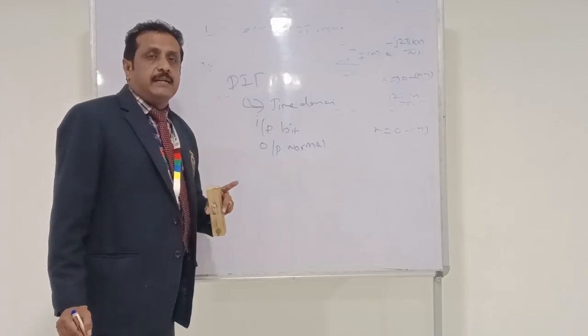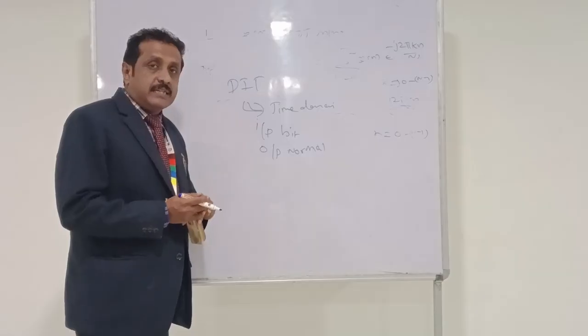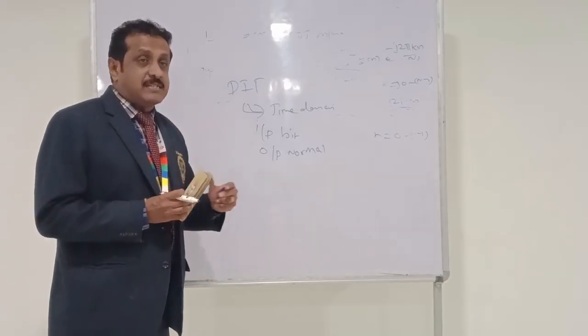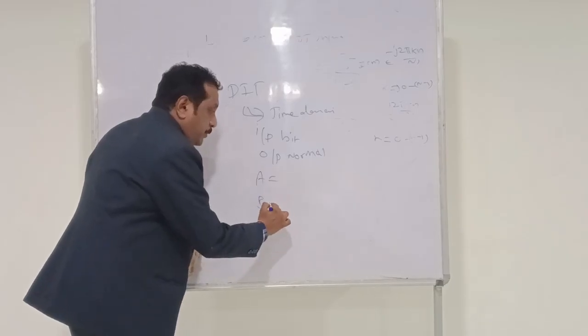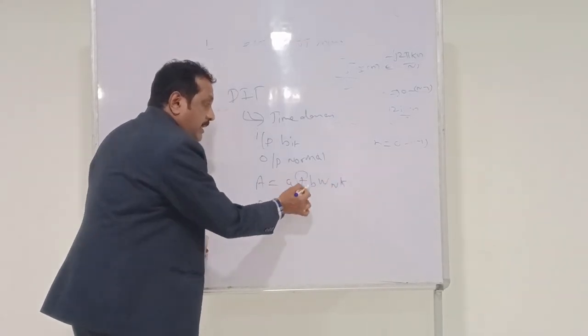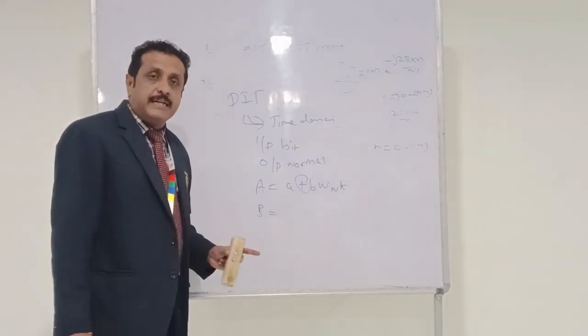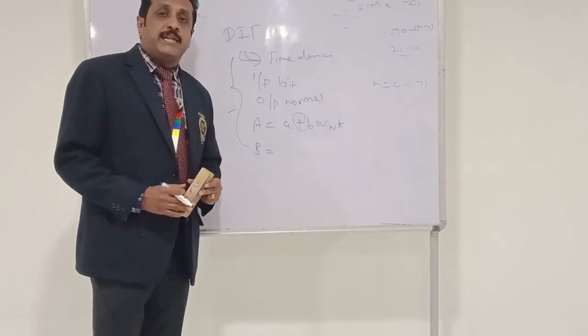That is the second point related to the DIT algorithm. And third, the basic equation of the computation in DIT is A and B, whatever output you get, after the complex multiplication, the complex addition will be carried out in DIT. These are the three important points related to DIT.